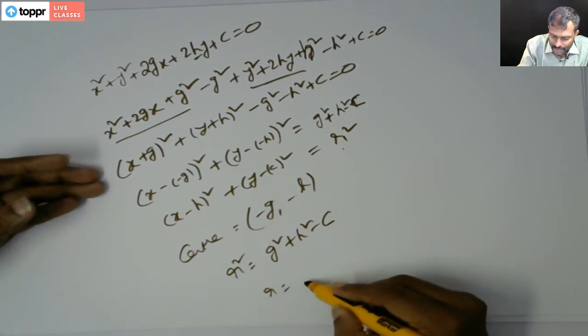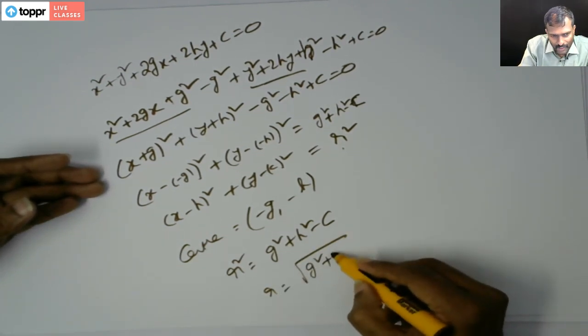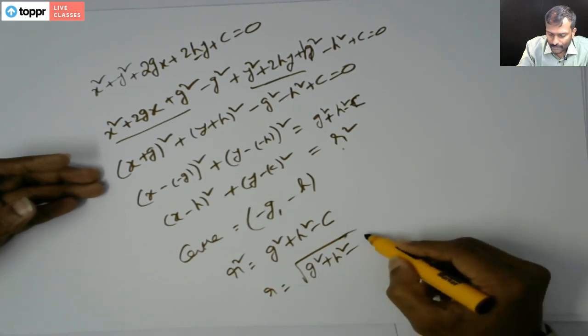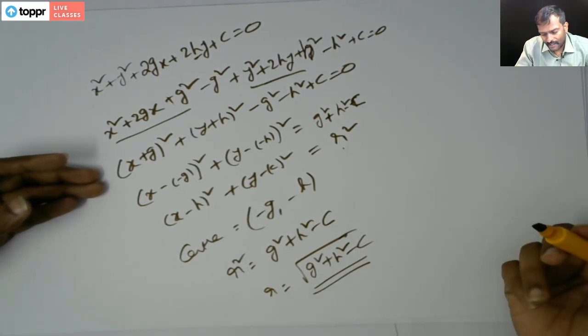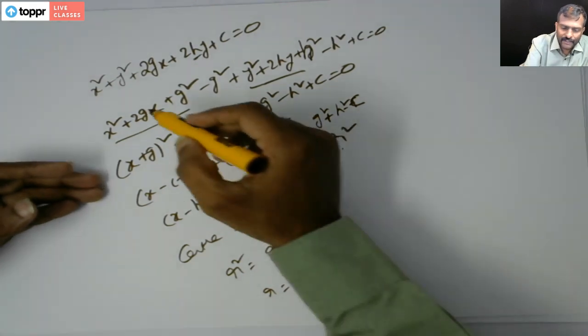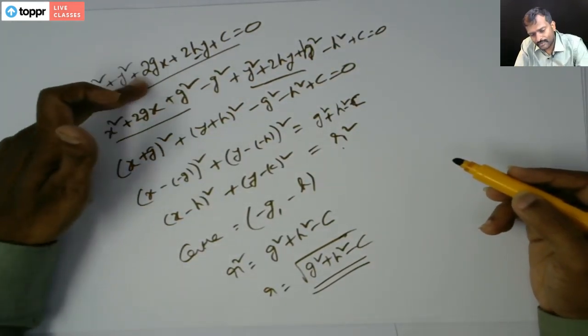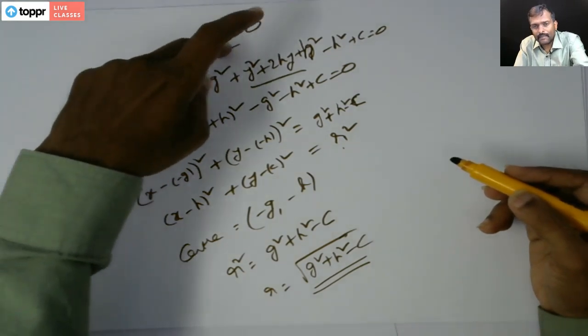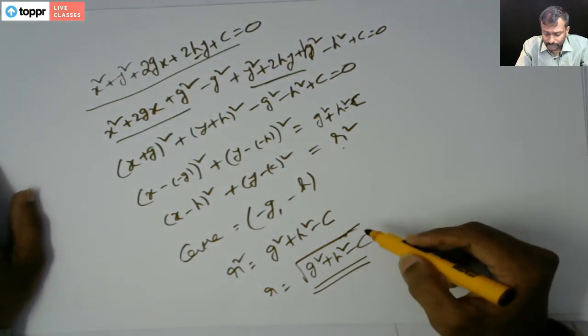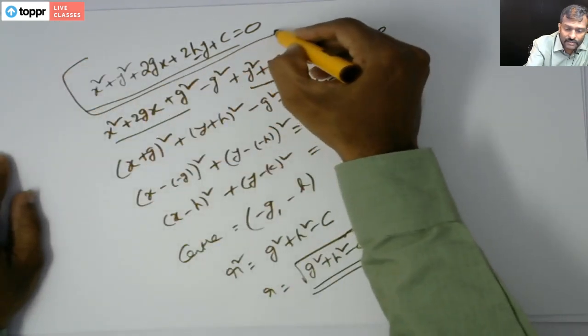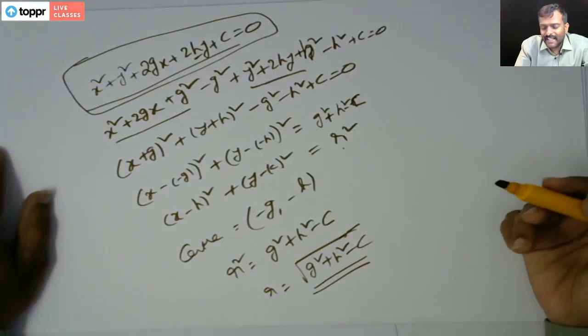So simply the radius is the root of g square plus h square minus c, when the equation of the circle is x square plus y square plus 2gx plus 2hy plus c is equal to 0. So this is one more standard form of the equation.